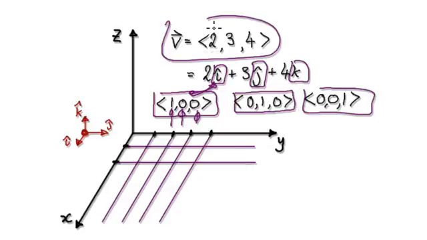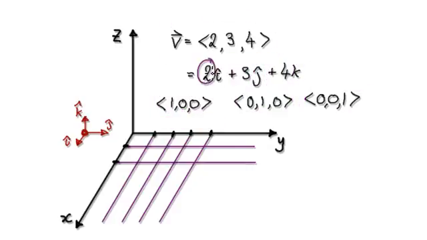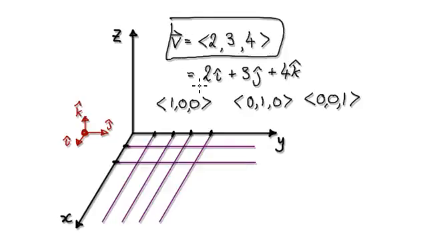So you can rewrite this vector as being 2 i hat, plus 3 j hat, plus 4 k hat. Is there a hat there? No, there isn't. There should be a hat here, so let's give it a hat. The point is that you can rewrite this vector as this.